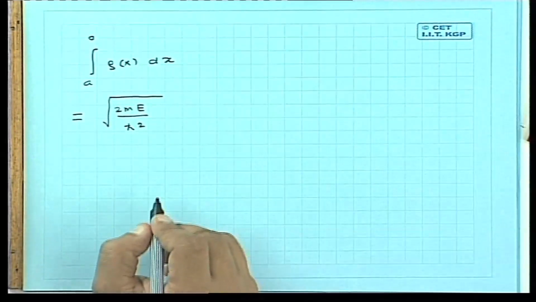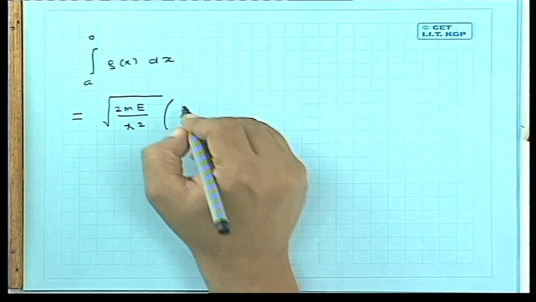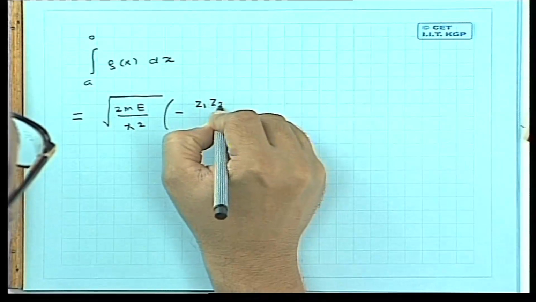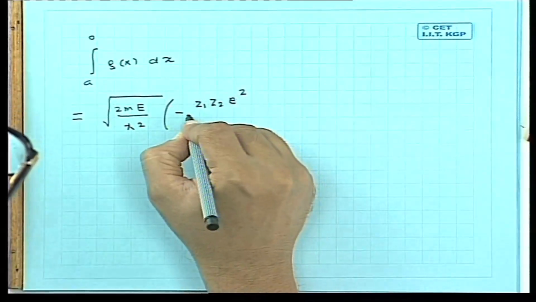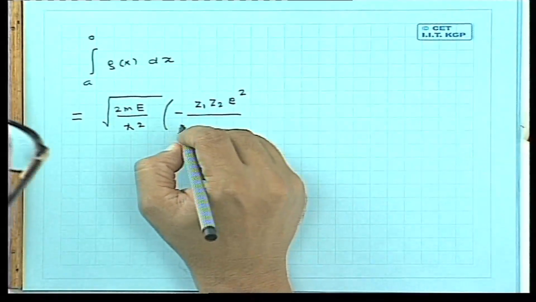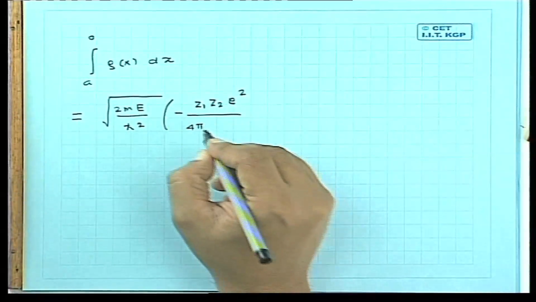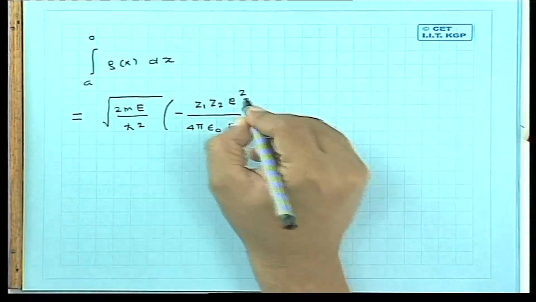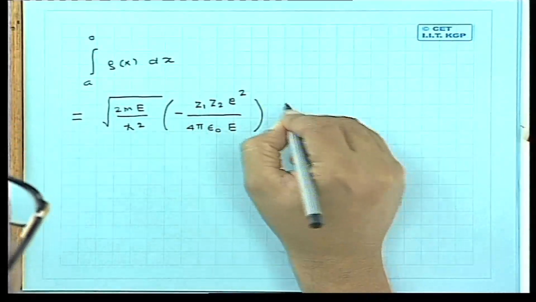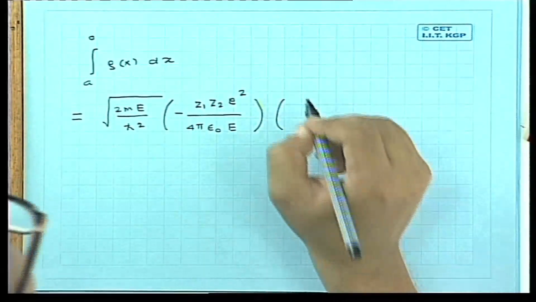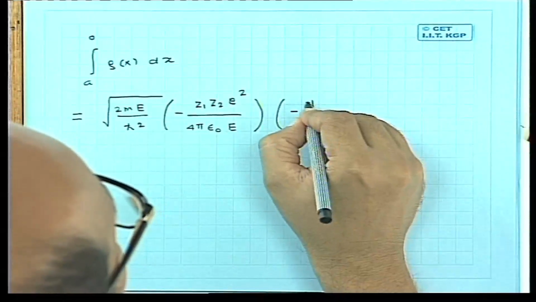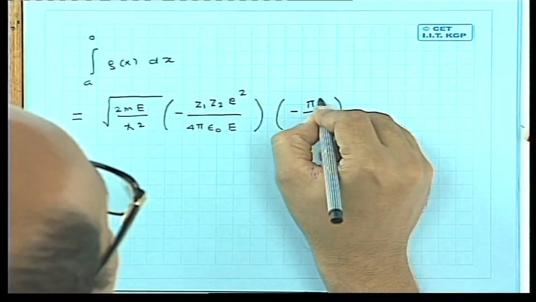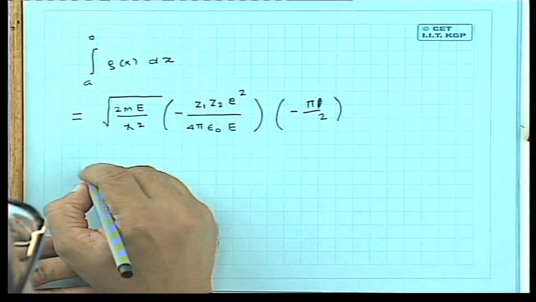So what is a? A is minus z1 z2 e square by 4 pi epsilon naught e. So this is a into the integral which we just evaluated, which is minus pi by 2. So we have this integral finally.